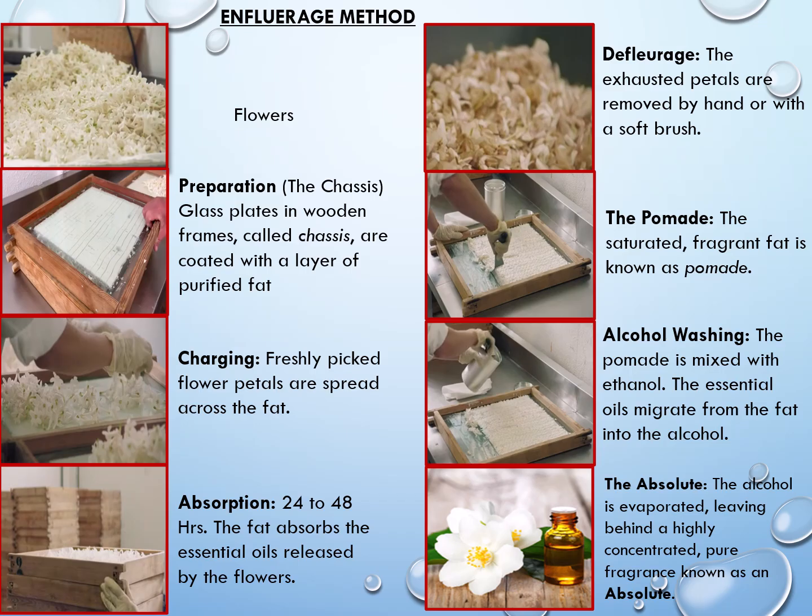Here we are not using heat, so the volatile oil obtained after removing the alcohol is highly concentrated with a pure fragrance, and this is known as the absolute. One of the major advantages of the enfleurage method is that heat is not used, so natural odor can be retained and degradation can be prevented.